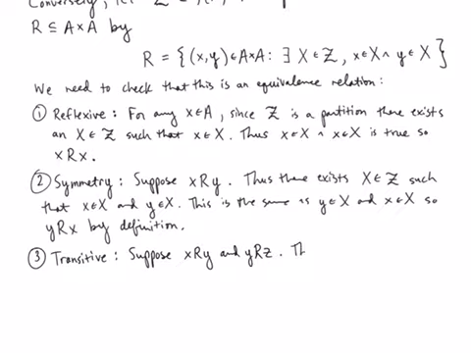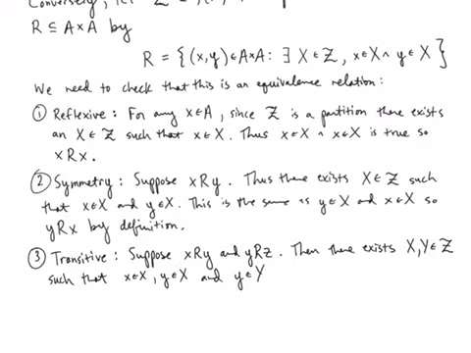Then by definition, there exists a capital X and a capital Y in this capital Z, such that x is in X, y is in X, and y is in Y, and z is in Y.